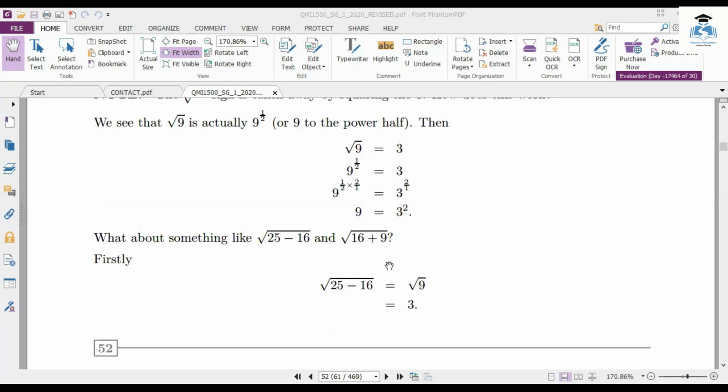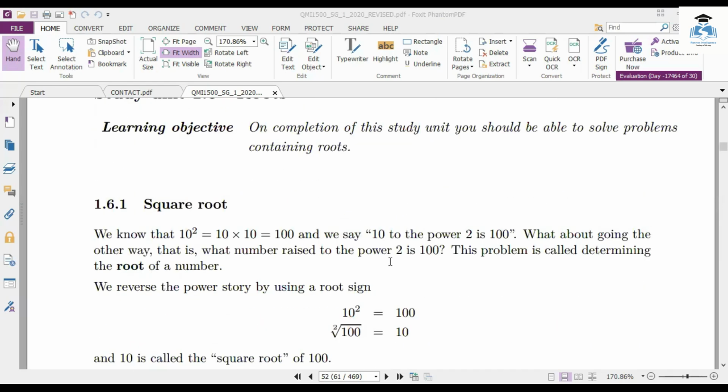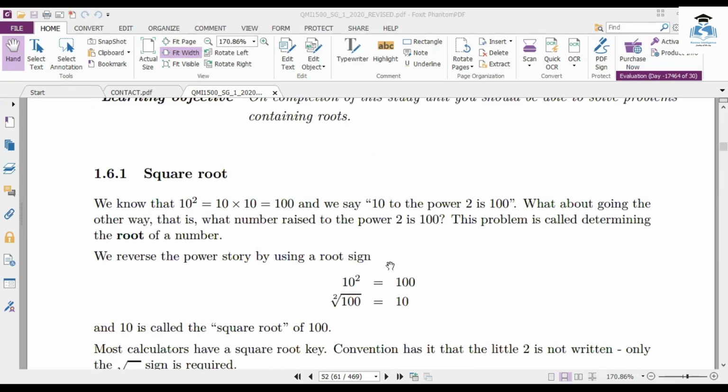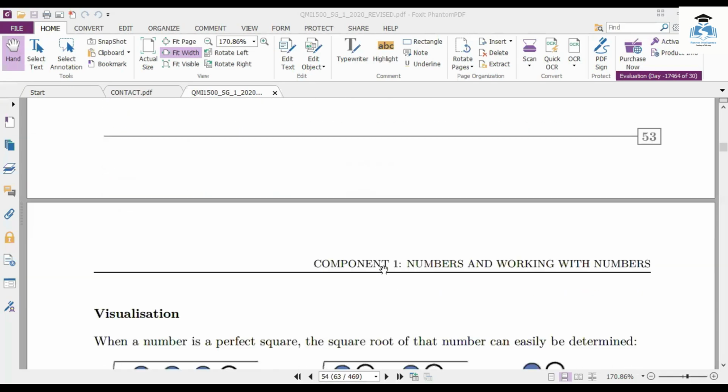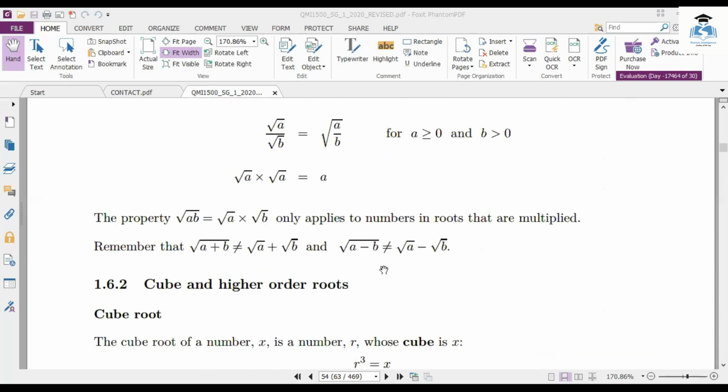But since we have got a variable and the other one is not, then we are not supposed to.